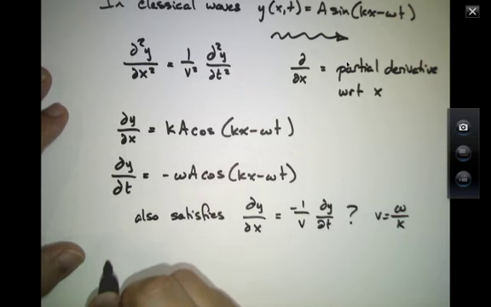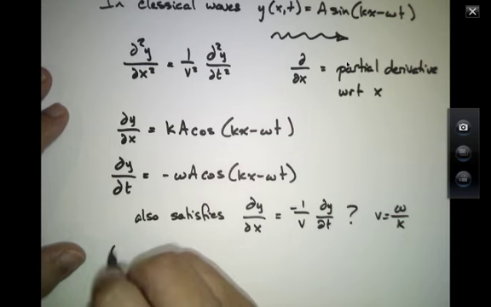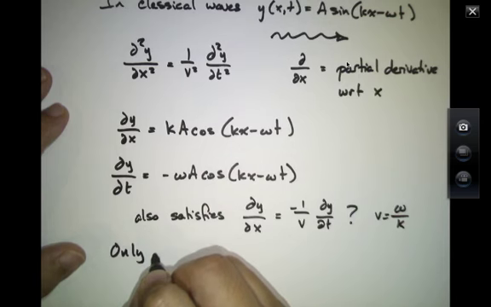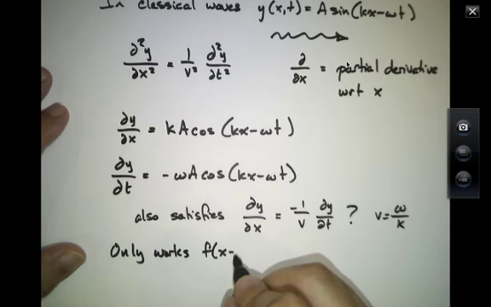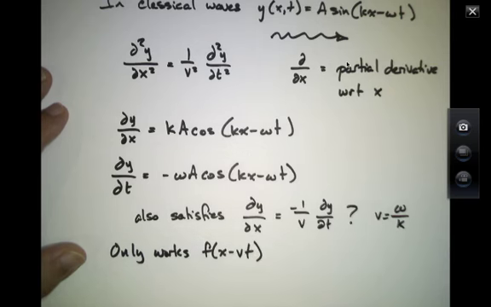But this has an interesting feature to it. This only works for traveling waves moving to the right. In other words, some general function f of x minus vt.